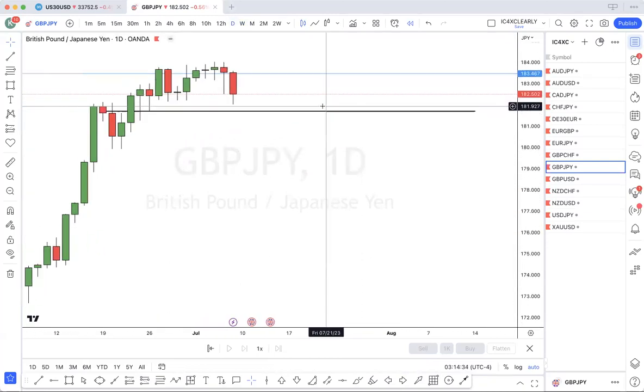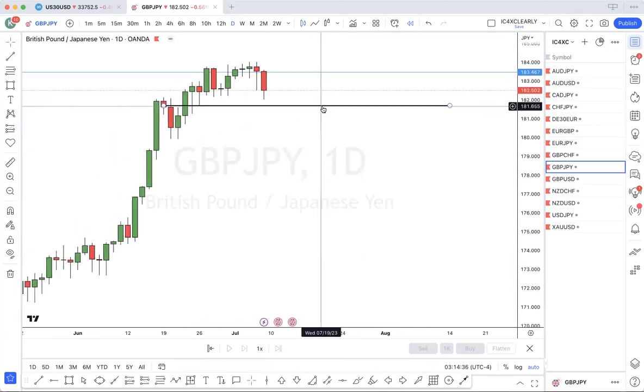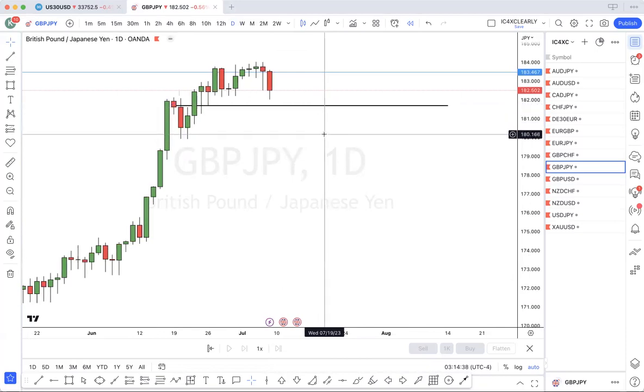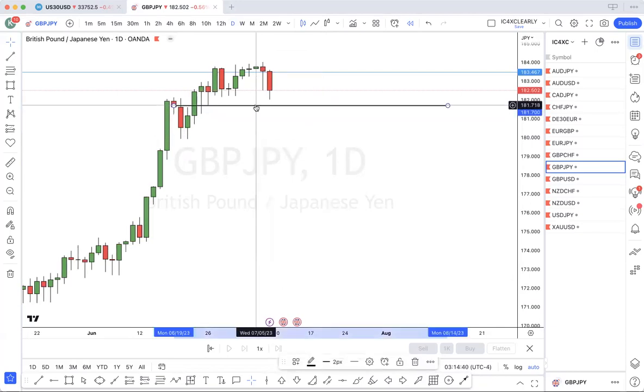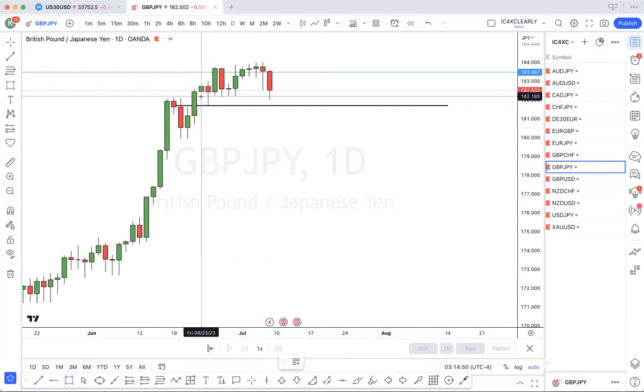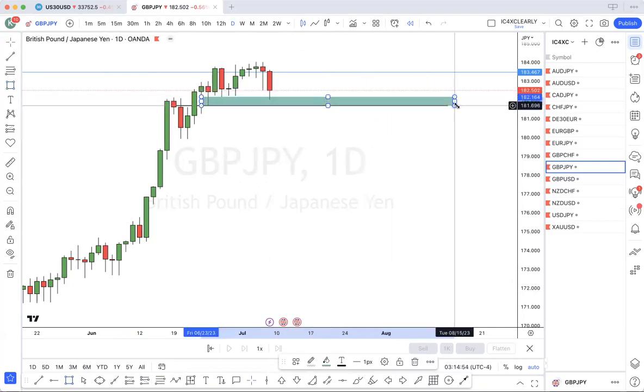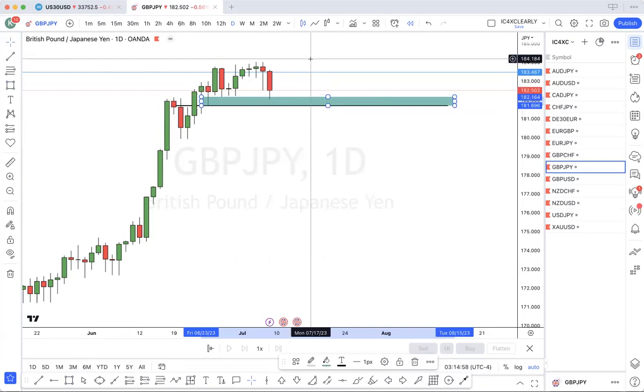So with that being said, price could be pulling into this zone. You have this much of, price could be pulling into this zone to continue buying up.